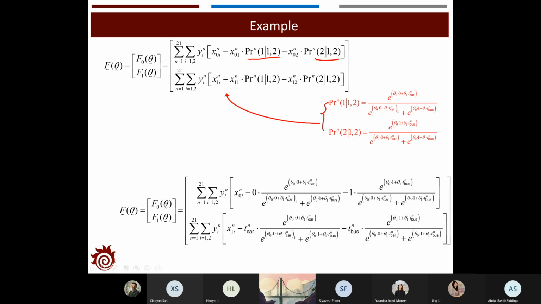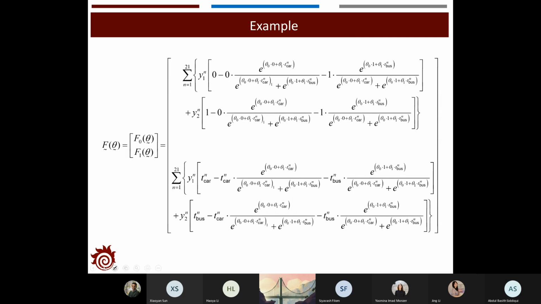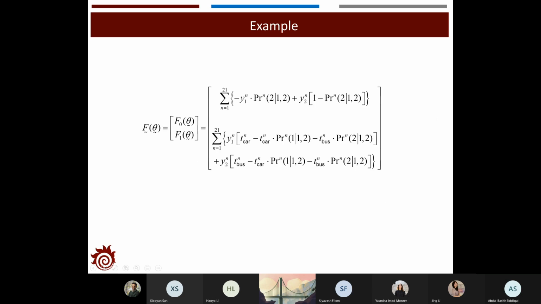And also you can try to check what's the value of the x0 and x1 for the car and bus to simplify your derivation. And again, this becomes complicated, but we can try to simplify some components. So I will skip this simplification process.